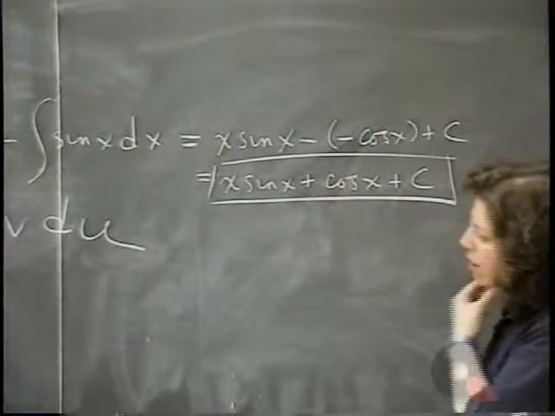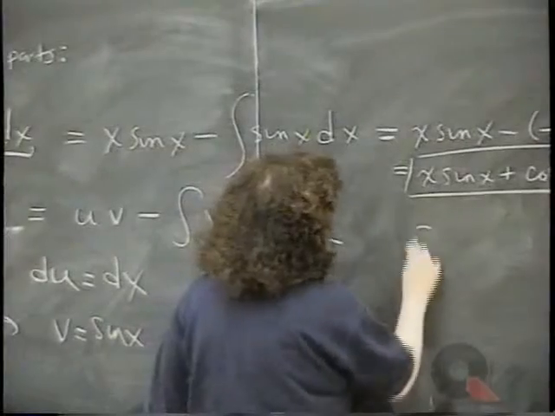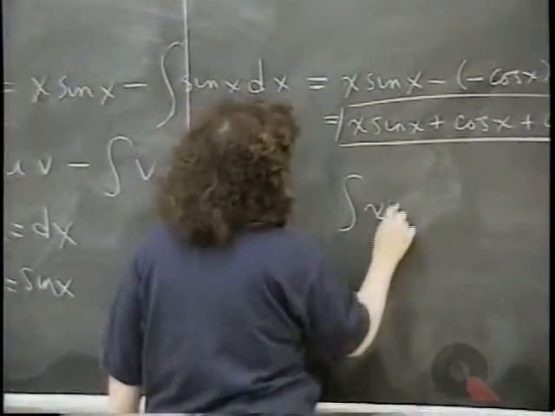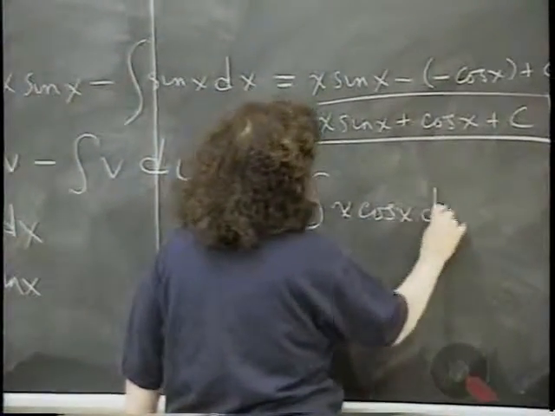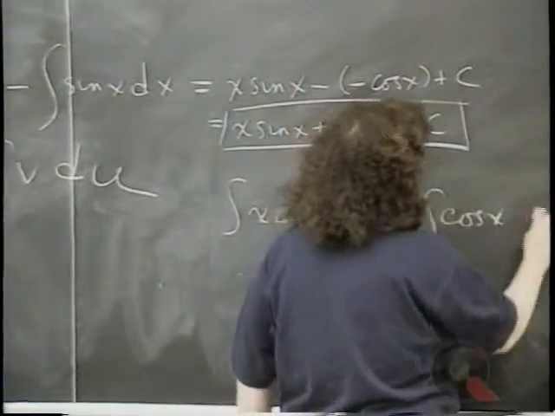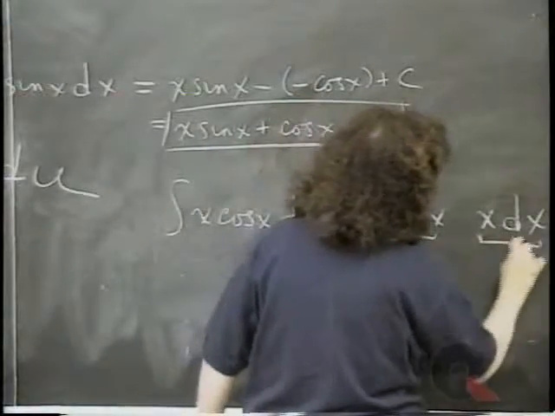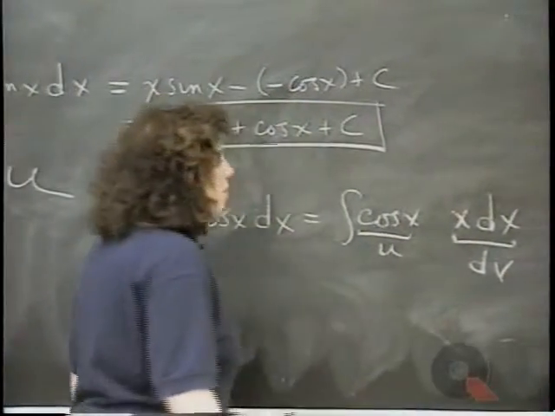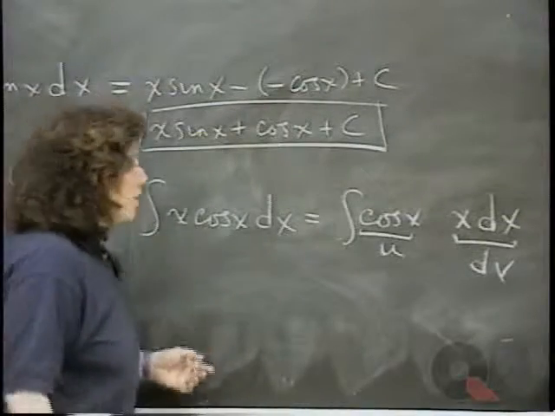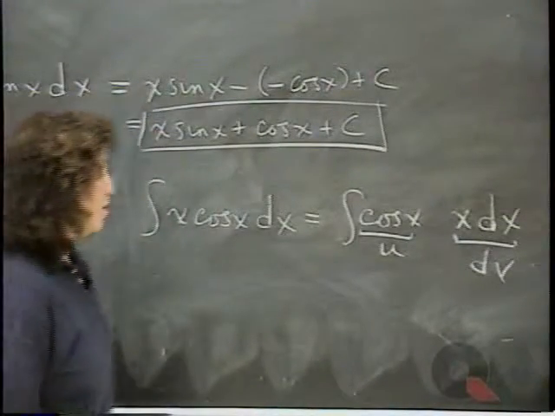Now, what if you make a mistake in picking your u and dv? Whereas in our problem originally was x cos x dx, suppose you decided, I want to let u be cos x and dv be x dx. Okay, it can be broken up this way. It would still be the integral of u dv.